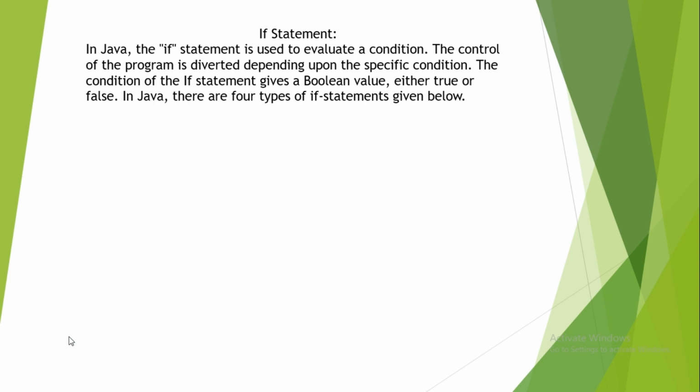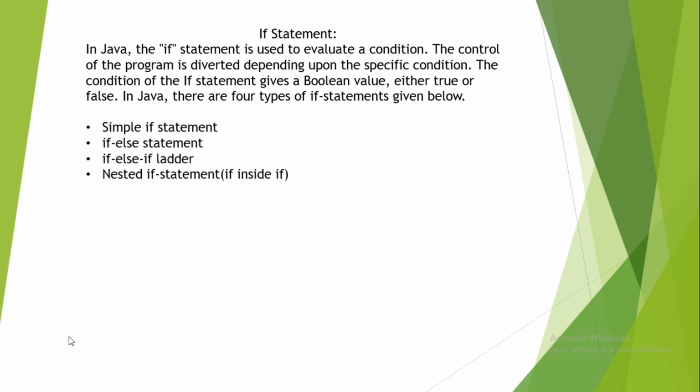In Java, there are different types of if statements. Let us see them one by one. Simple if statement: we just give an if followed by a condition and the corresponding statements. If else statement: if one condition is true, what statements are to be executed, else, if it fails, what statements are to be executed.